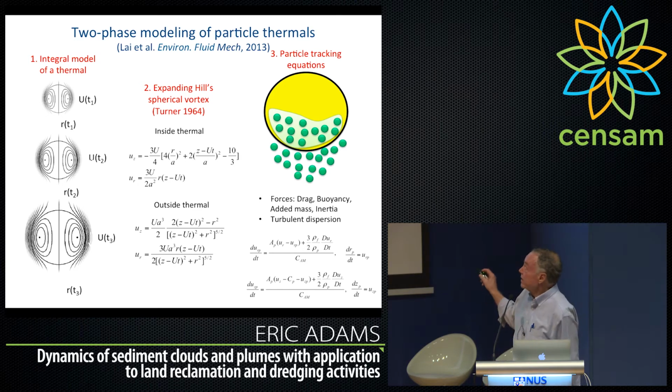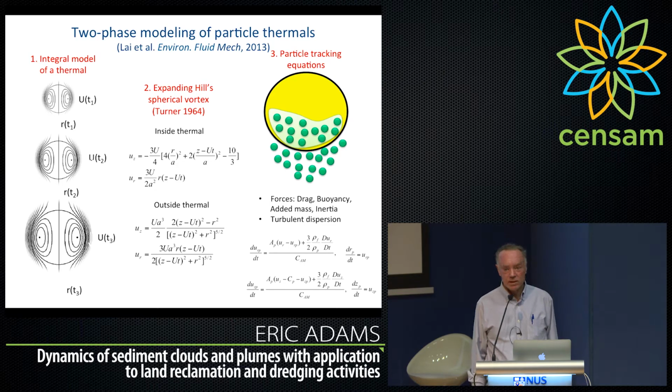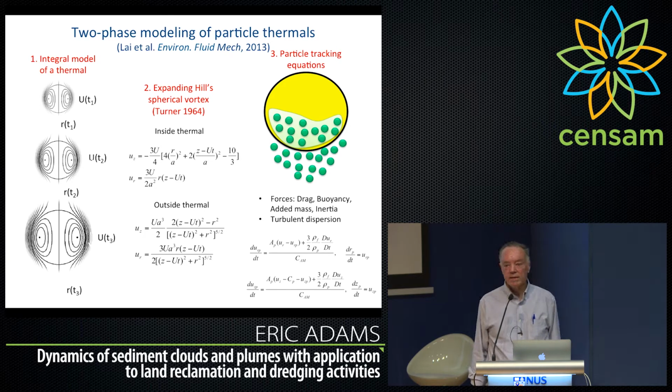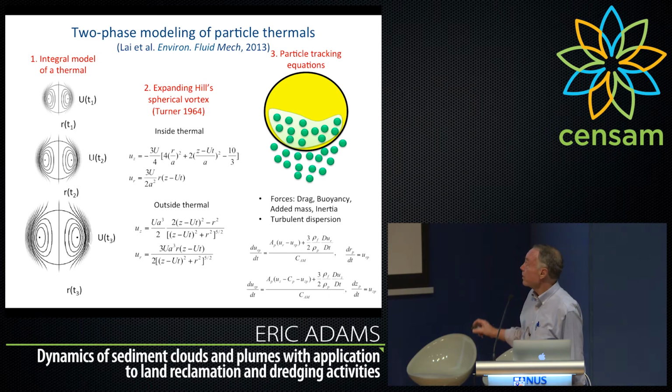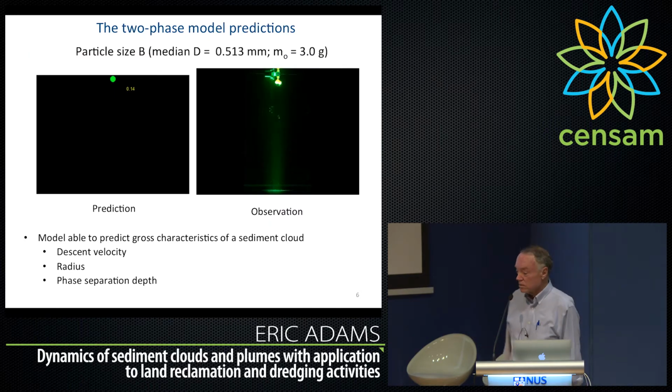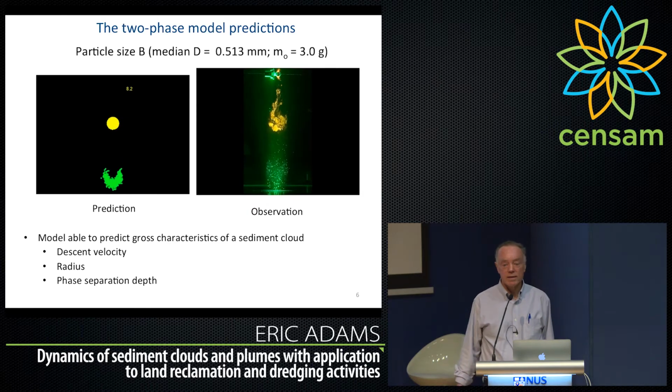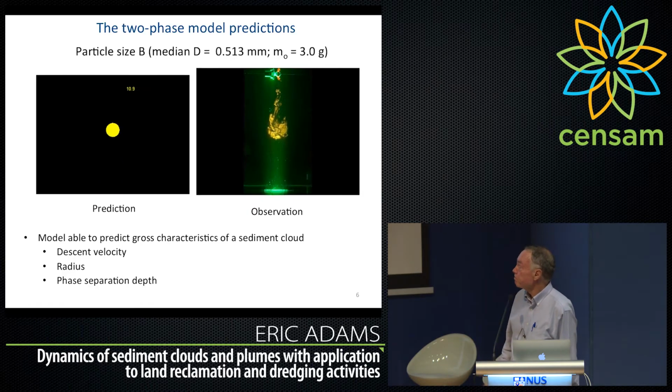The advantage is that he can use that to drive the circulation of the particles inside with a Lagrangian particle tracking model, and that allows the particles to rain out of the plume in a swarm that is continuous as opposed to instantaneous. It also allows for different size particles, so it gives a much better description of what's happening. And you can see the measurements versus the simulation, which does a pretty good job of reproducing the character of this phenomenon.